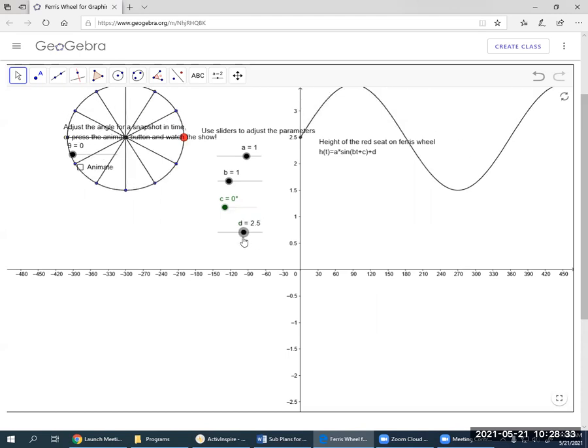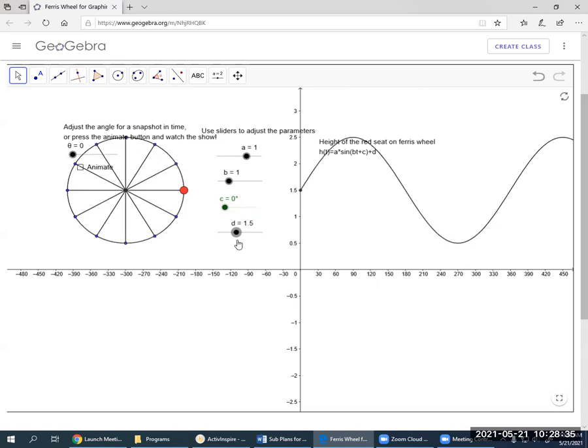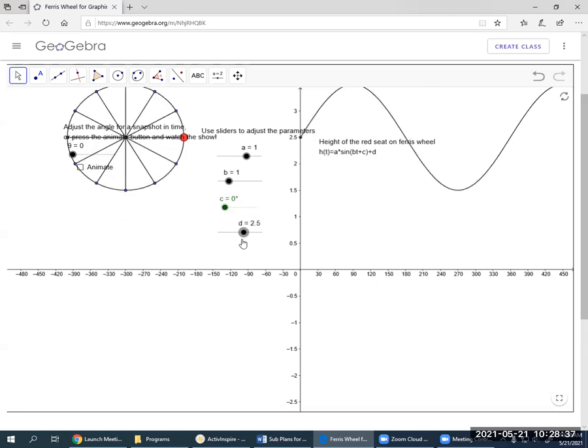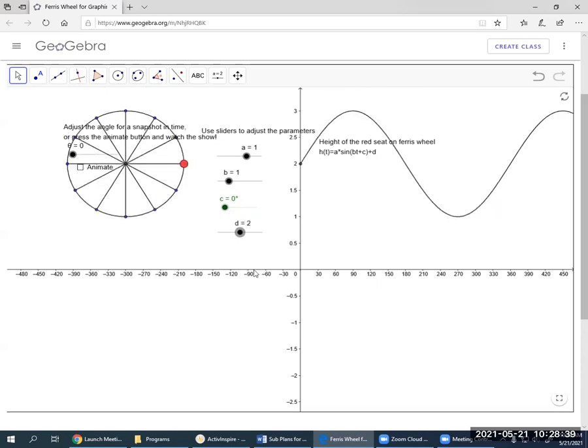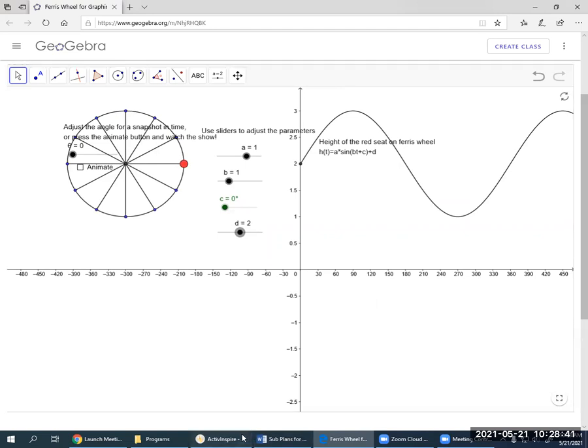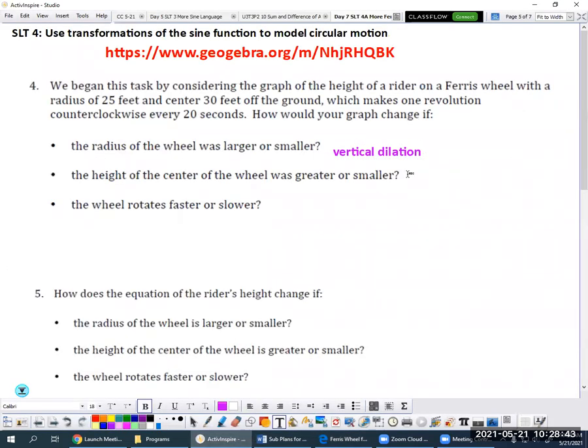What happens to the graph as I move the Ferris wheel up and down, using good math vocabulary? We have a horizontal translation. Sorry, not a horizontal translation. A vertical translation. Woo.